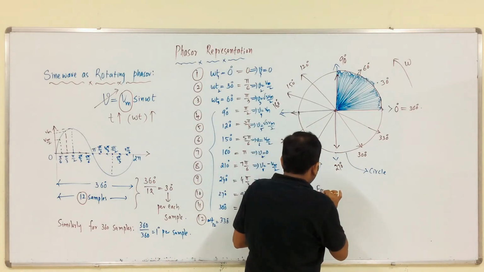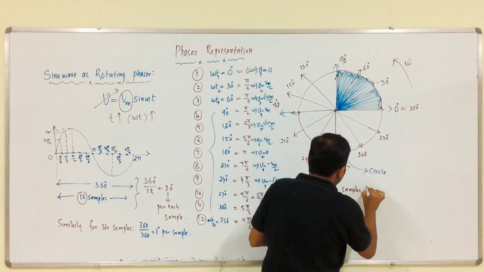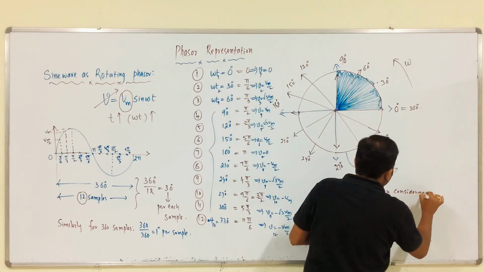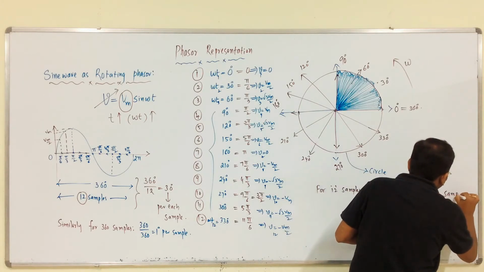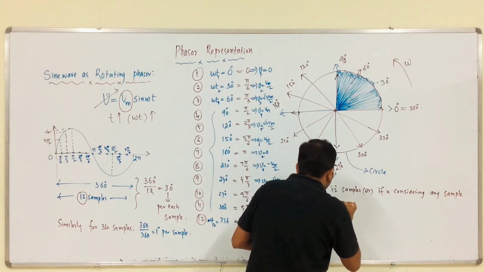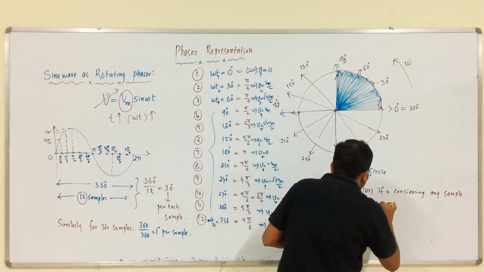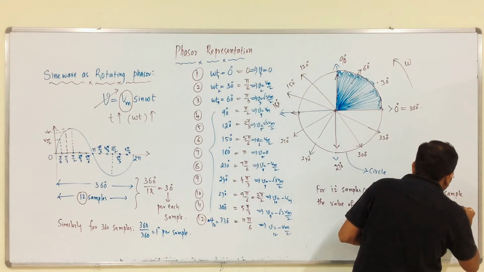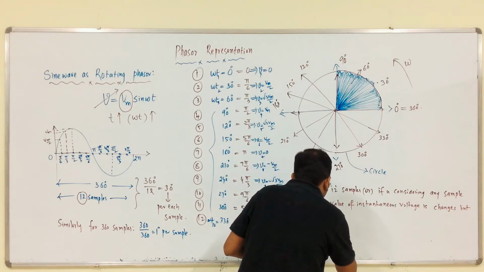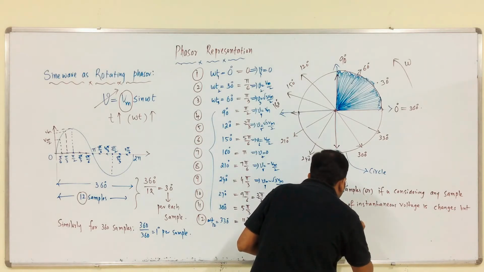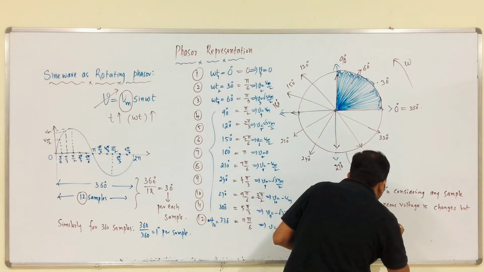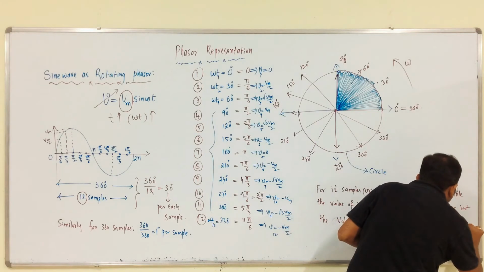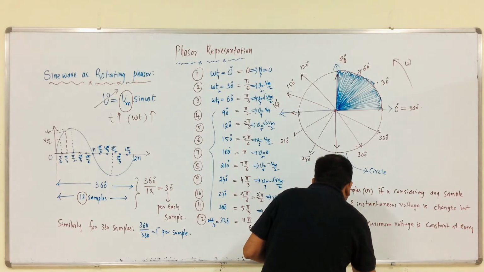So, for 12 samples, if you are considering any sample, the value of instantaneous voltage changes, but the value of maximum voltage is constant at every instant, right.